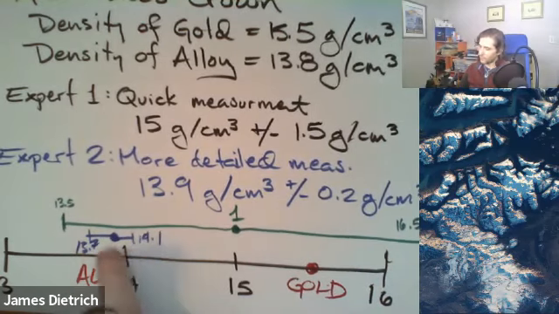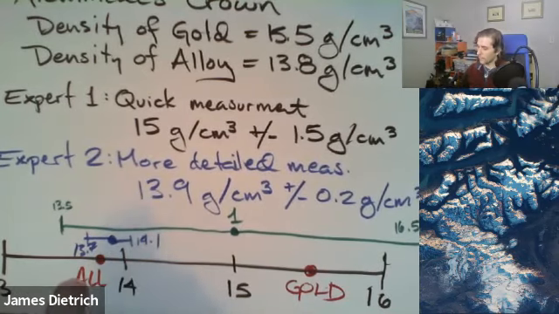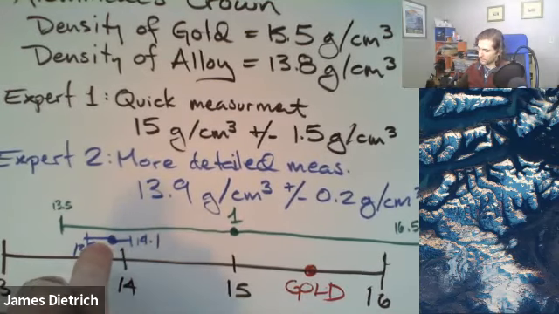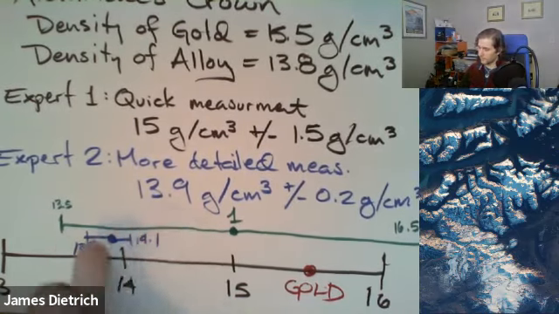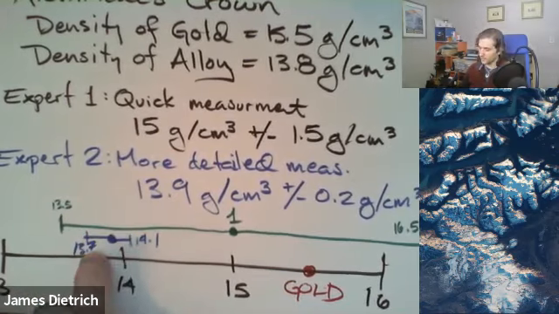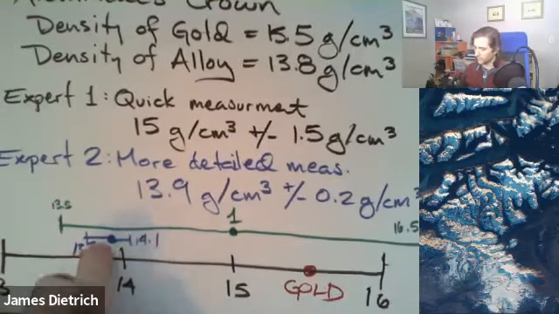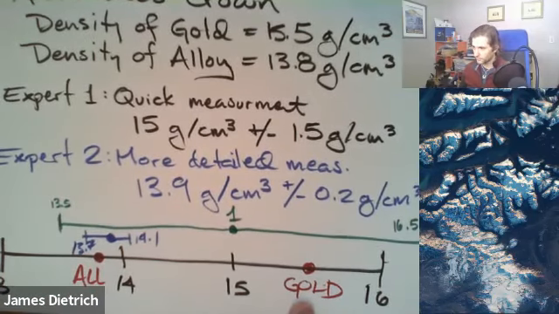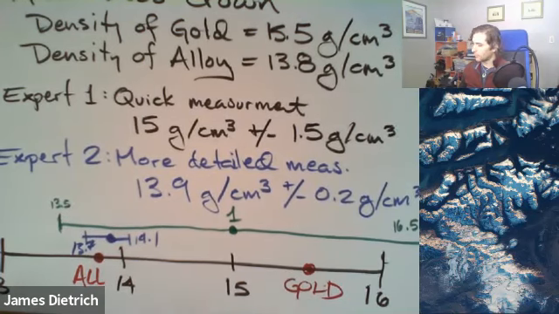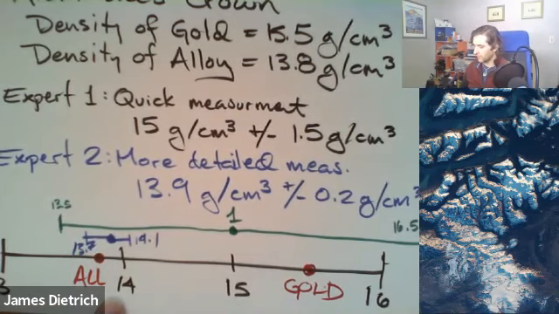And so we can say with confidence, in the measurements of expert two, that the density is 13.9, and that's close to the alloy, and that alloy measurement is within our error bars, so that we can say with a certain amount of confidence that the crown is made of an alloy and not pure gold.